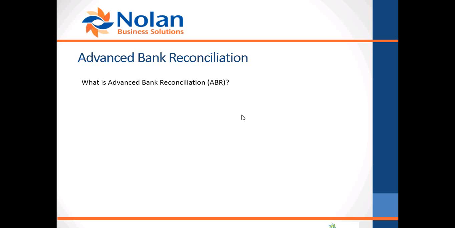Okay, so first of all, we'll just cover what is ABR. ABR, Advanced Bank Reconciliation, is a tool that allows you to reconcile your bank statement to the general ledger transactions that have been processed through the system.